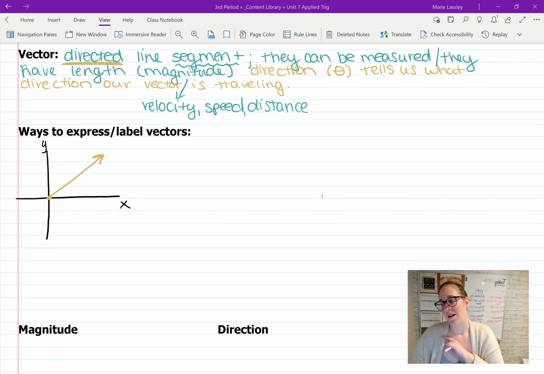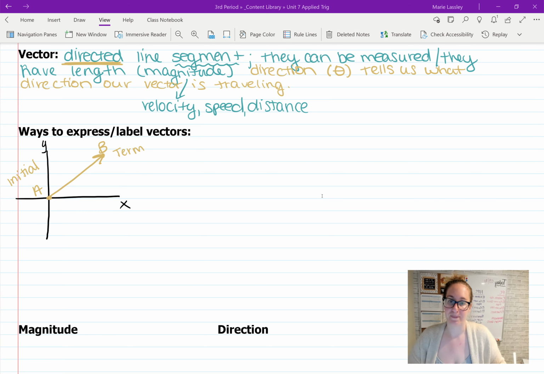Just like with rays that you learned about in geometry, one conventional way to name them is using what we call the initial or starting point, and the terminal point, so the ending point. Right here we would call B the terminal point.